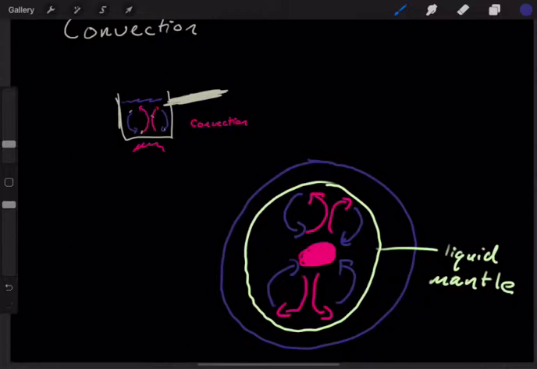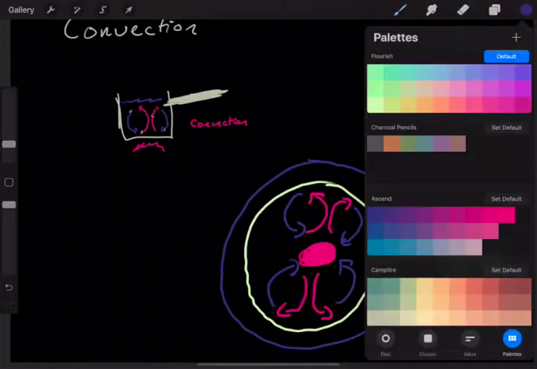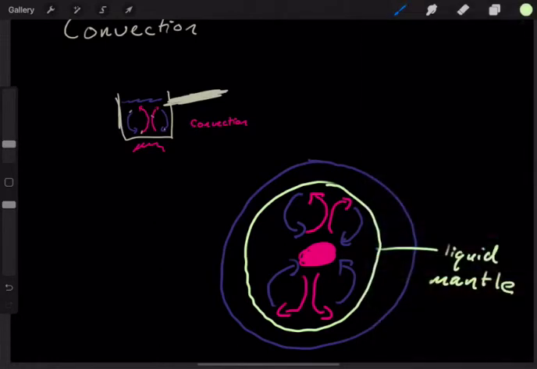This is convection. We're moving the heat. Heat is moving from the inside of the Earth to the outside of the Earth. And that's because this area is liquid, this is convection.